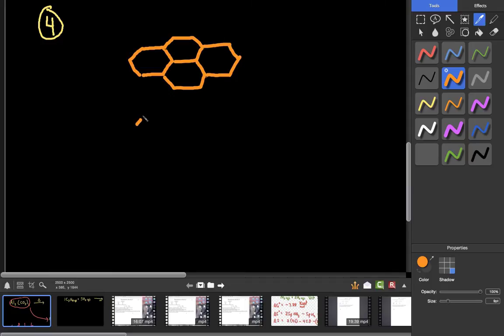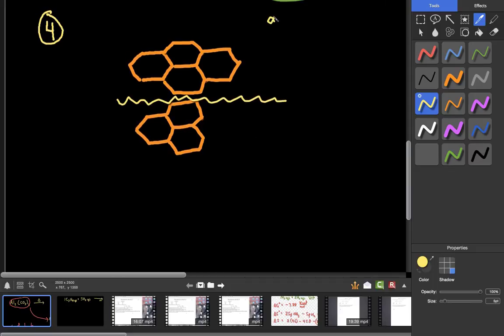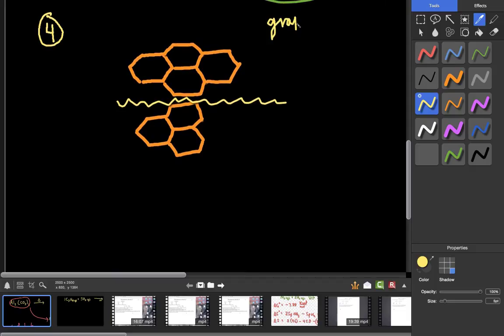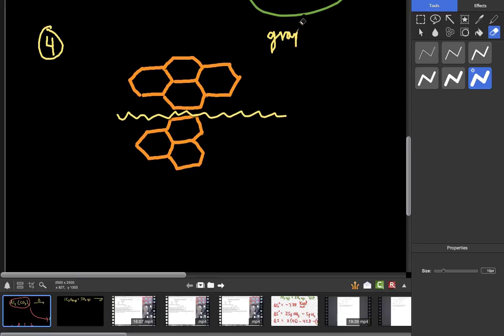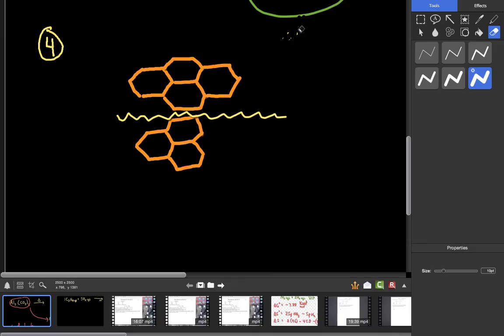And then there's another plane of carbon rings, but there is space between the planes of rings. This is why graphite is such a good lubricant, because literally these planes of rings can slide past one another.